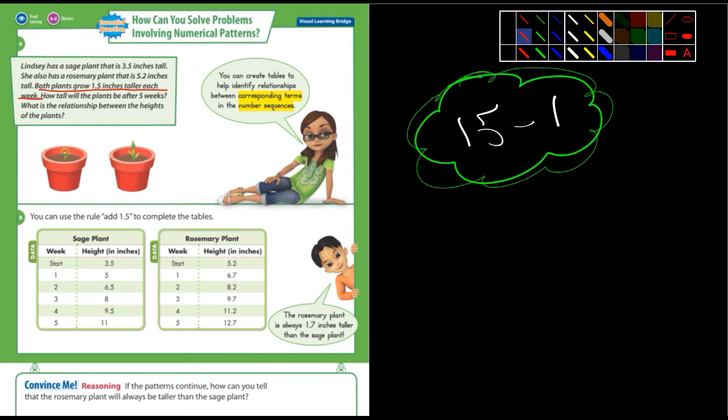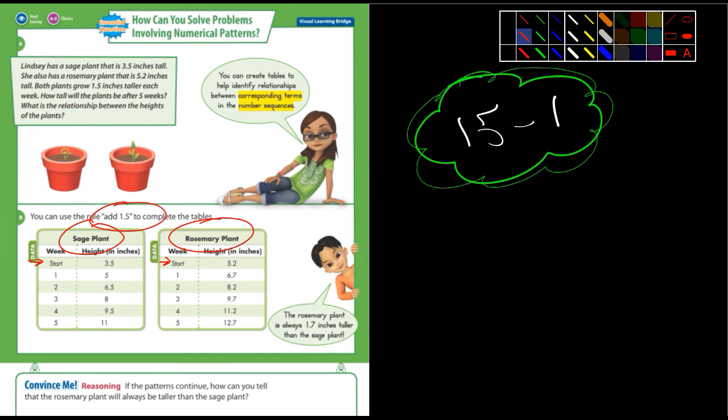Down here in section B, they write this out for us. Here's the sage plant on the left side and the rosemary plant on the right side, and it's their starting heights for each one. 3.5 for the sage and 5.2 for the rosemary plant, and then they're just adding 1.5 each week.